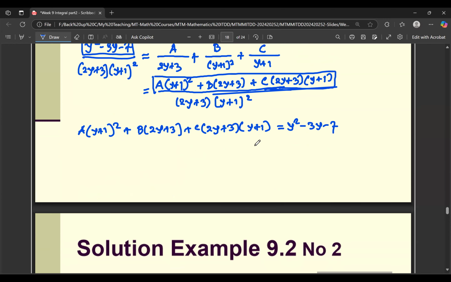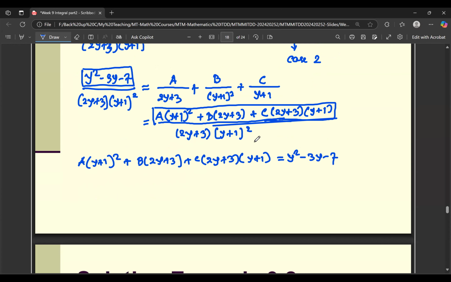As we did before, we can choose three values of y such that we can get the values of A, B, and C.